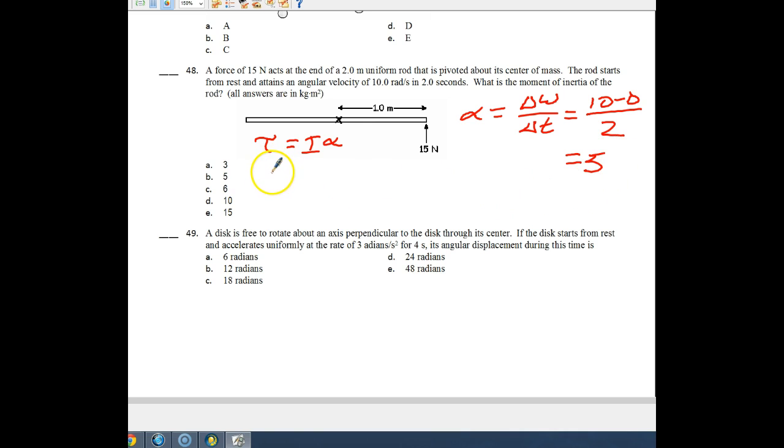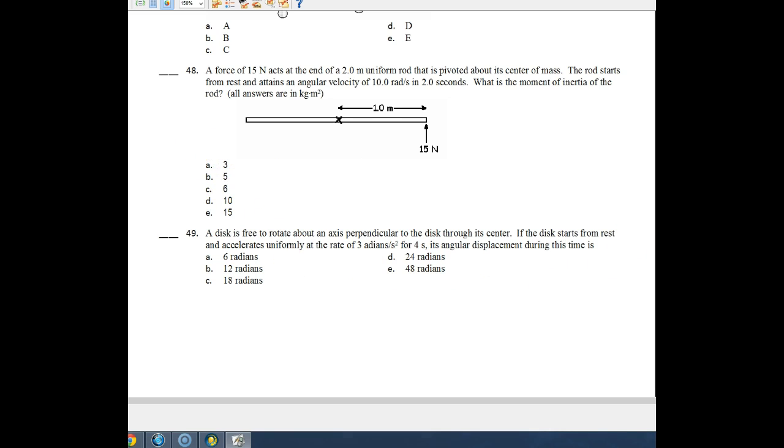They told us that there is a 15 Newton force. It acts over 1 meter. So that's our torque. 15 times 1 is equal to I times alpha, which is 5. So our value for I should be equal to 3 units. And that is answer letter A.